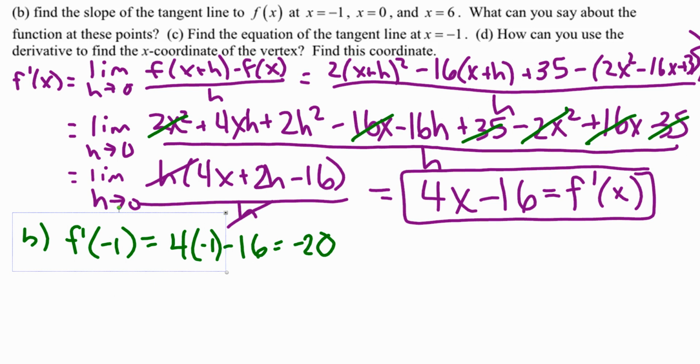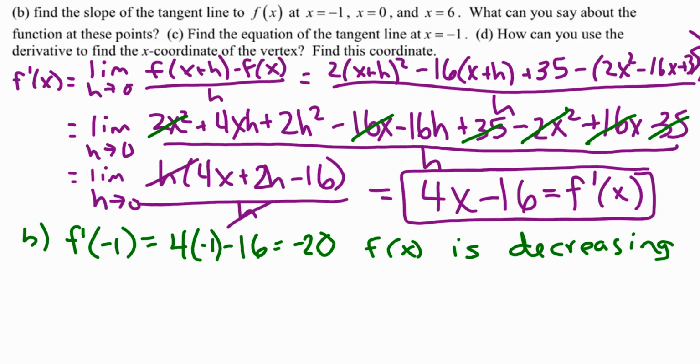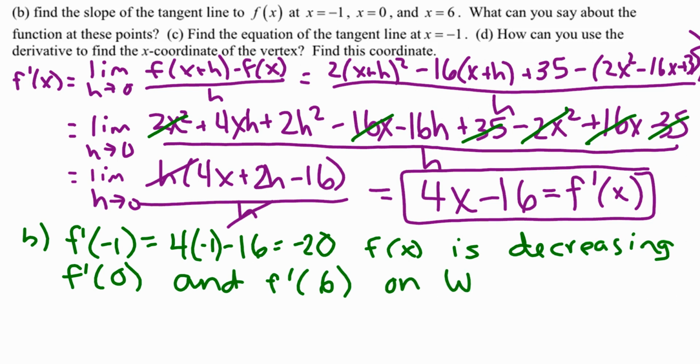Since the slope is negative, f of x is decreasing. All right, so I would like you in your WISC to do f prime of 0 and explain what the function is doing there, and also f prime of 6. Write it and include it in your WISC.